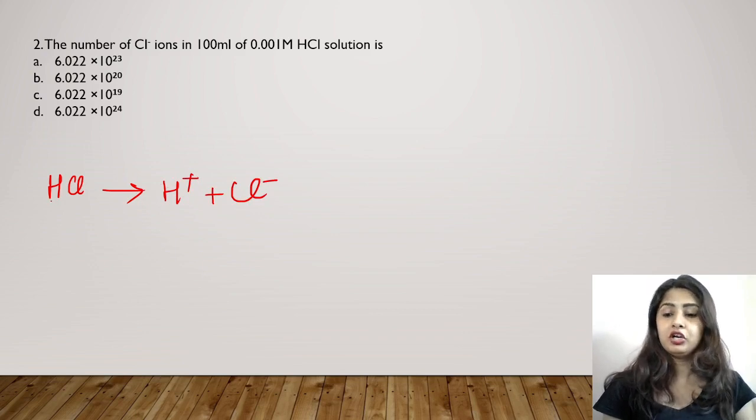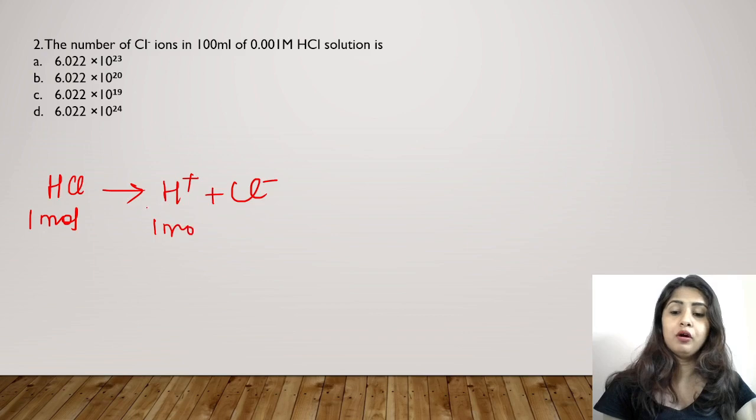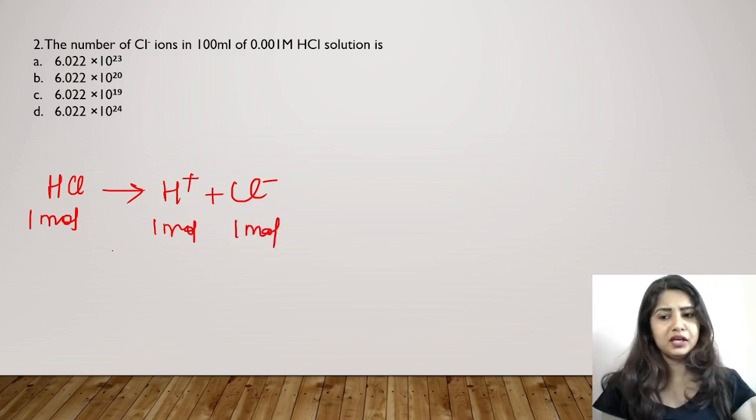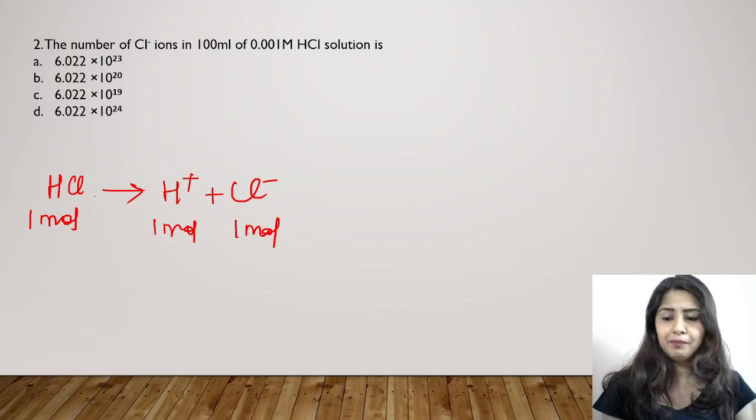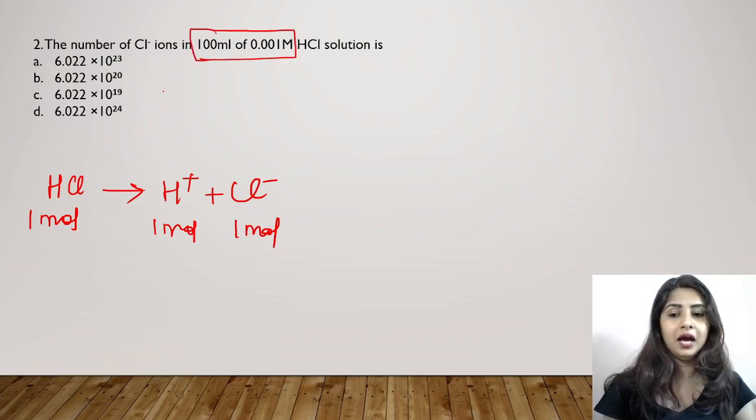So from here we get to know that 1 mole of HCl gives 1 mole of H plus ion and 1 mole of Cl minus. So we can simply find how many moles of HCl are there in this given concentration. We are given the molarity and we have the volume.